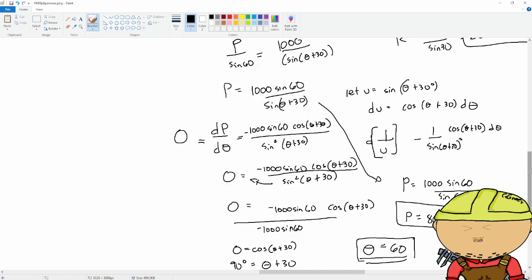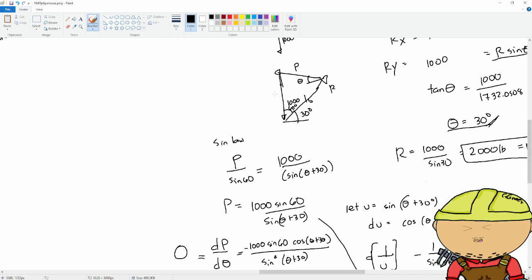If that's the value of P, we could go back to this one. P over sine 60 is equal to R over sine 30.